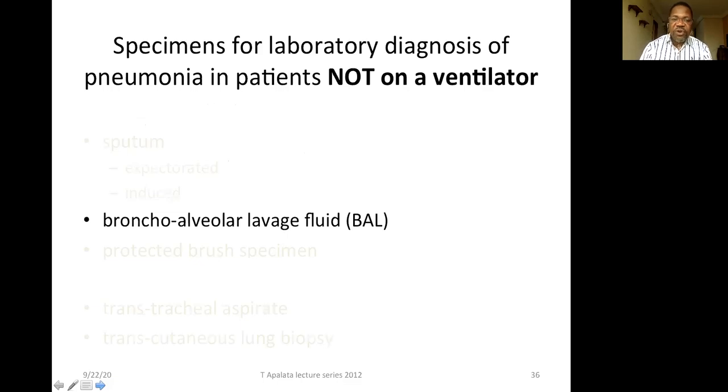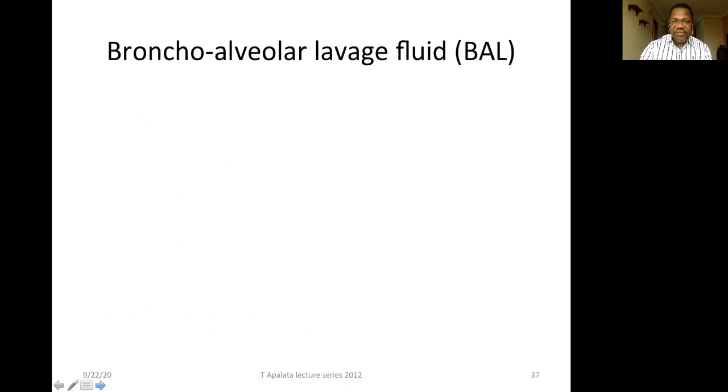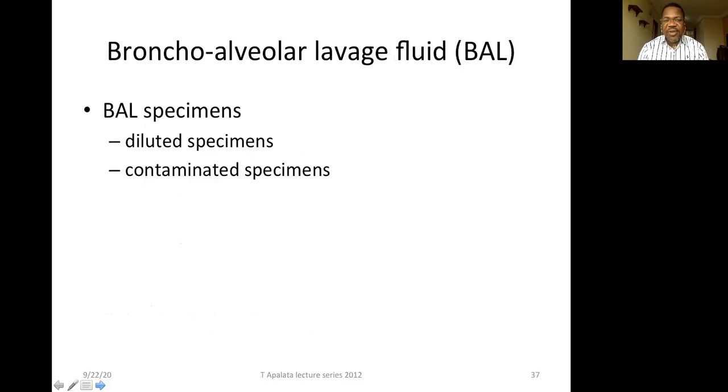Then we have what we call bronchoalveolar lavage fluid. So the BAL specimen, the problem with the BAL specimen is that it's a diluted specimen. When you inject some sterile saline and you aspirate, you do the lavage, the specimen becomes a bit diluted. So it's not going to give you a true reflection of what is actually happening.